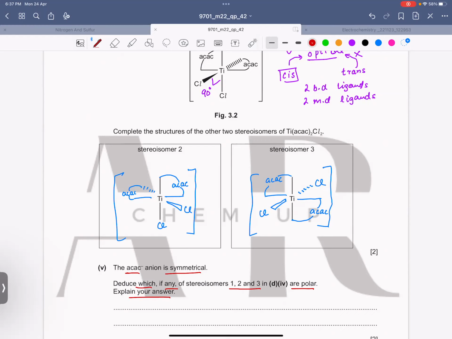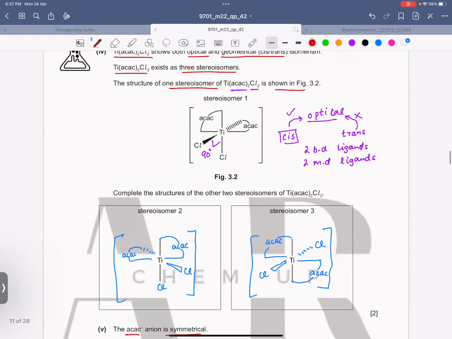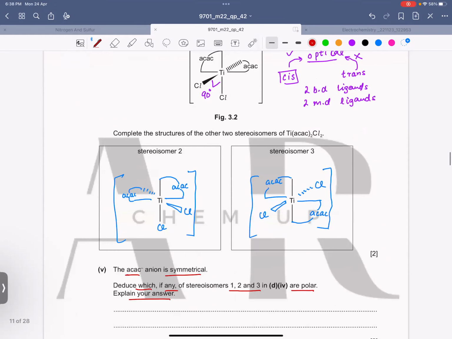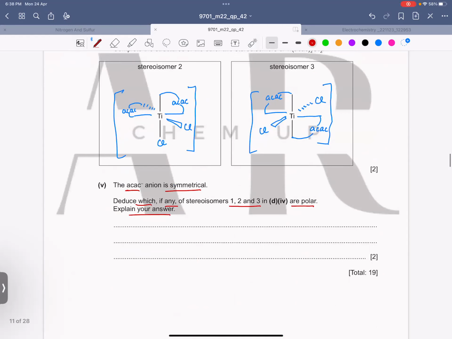In trans, it will be cancelled out. Yes, in trans, the dipoles are cancelled out because both the same ligands are exactly opposite to each other.